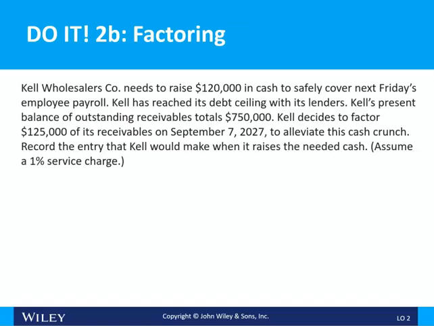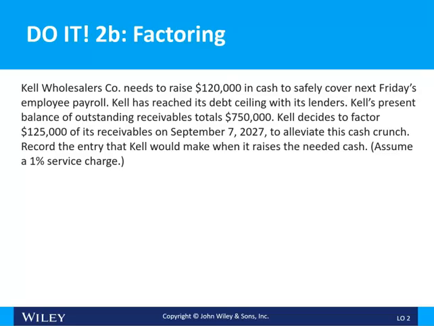So let's look at a factoring example. Cal Wholesalers needs to raise $120,000 cash to safely cover next Friday's employee payroll. As an employee, I'm happy about that because they're going to get the cash to pay me. Cal's reached its debt ceiling with its lenders, so they can't go to their bank and borrow more money at this time.